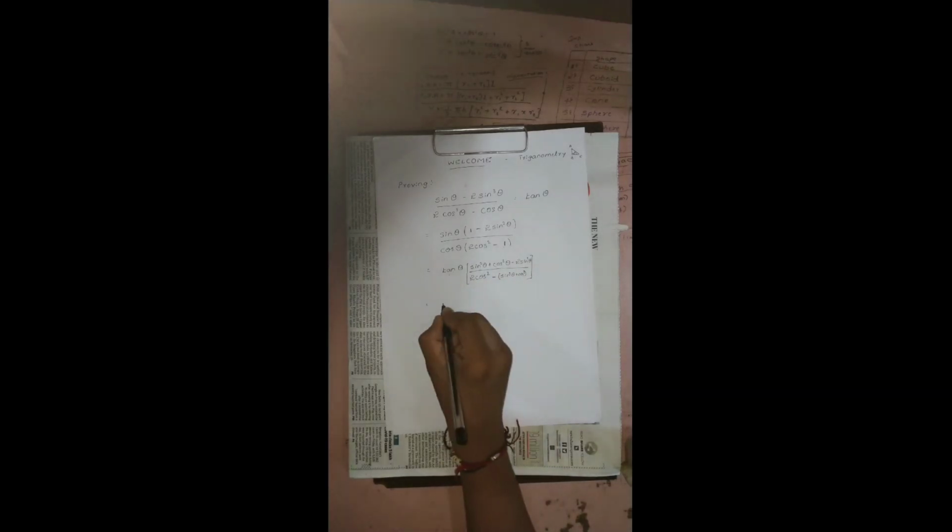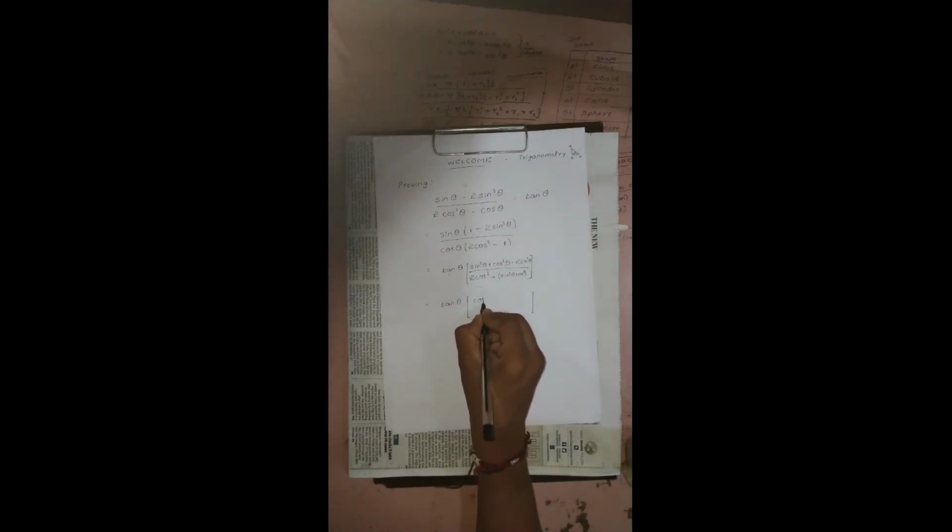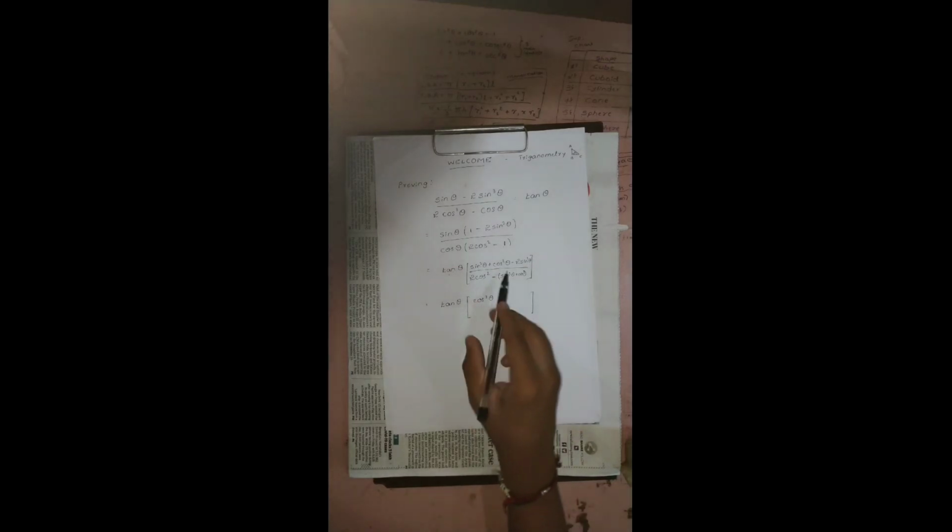So this is tan theta and this is the same, here we will put a bracket. Now see, sin square theta minus 2 sin square theta. Okay, we will put cos square theta here. Both are the same. Sin square theta minus 2 sin square theta, you will get minus sin square theta, right?